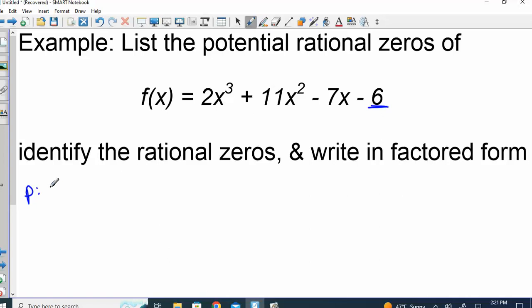What's everything that evenly divides 6? Exactly. Now, to get a negative 6, could I do positive 1 and negative 6? Or negative 1 and positive 6? So we can agree that these could be positive or negative. So my p's will be plus or minus 1, plus or minus 2, plus or minus 3, plus or minus 6.